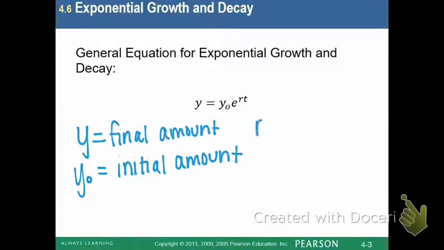So r is going to stand for the rate. T is time. And before, when we did that equation to figure out how much money we had in the bank, for time you always had to keep it in years. For this, we don't necessarily have to be in years. So if they give you 3 months, you can just use the number 3. Okay.